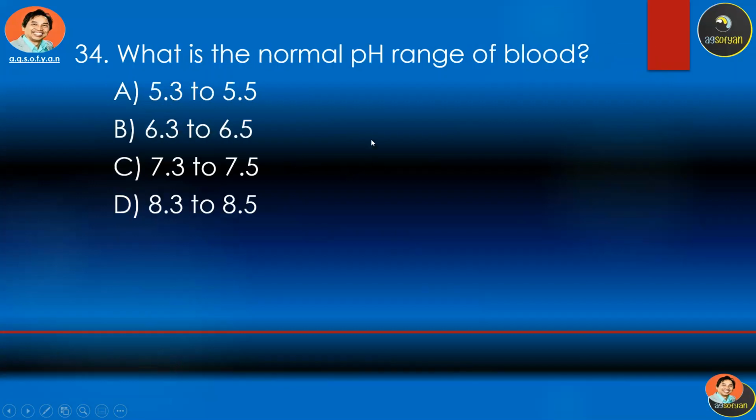What is the normal pH range of blood? A, B, C, or D? Blood pH has to be controlled. It's very strict control. It's only between 7.3 to 7.5. So it has to be around that pH concentration.